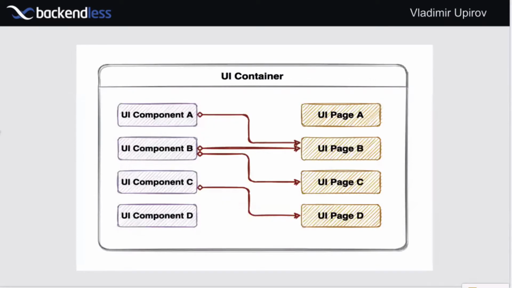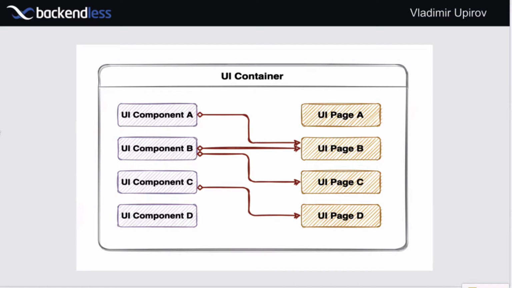Okay, next. On this slide, I'm going to show you where each UI component is placed. As you know, UI Builder has many UI containers, or versions of your application, or whatever you want.